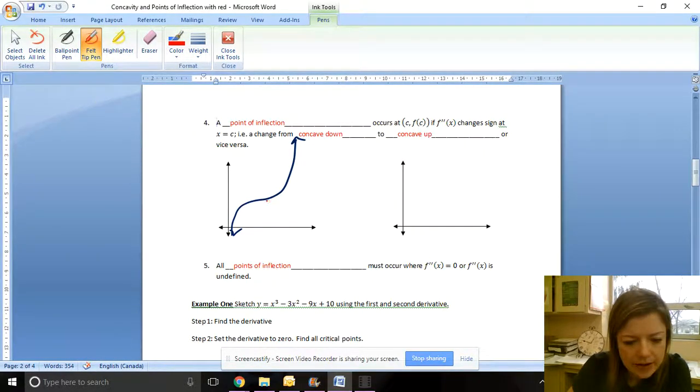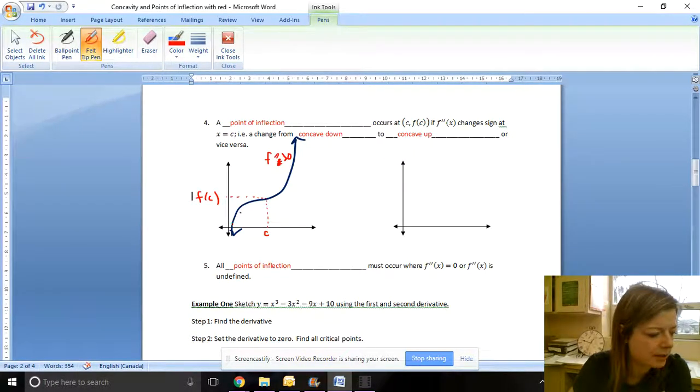Right here at C, and here's F at C, in this section it's concave up. So in this section, F double prime is positive.